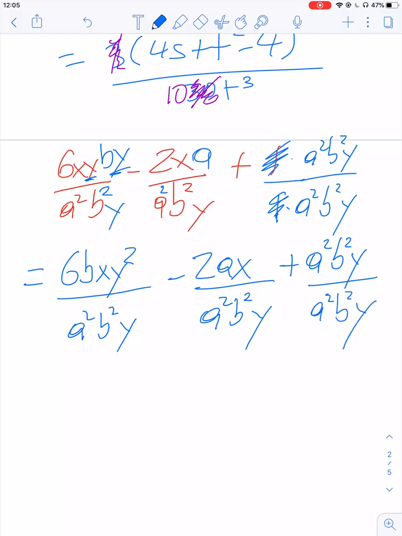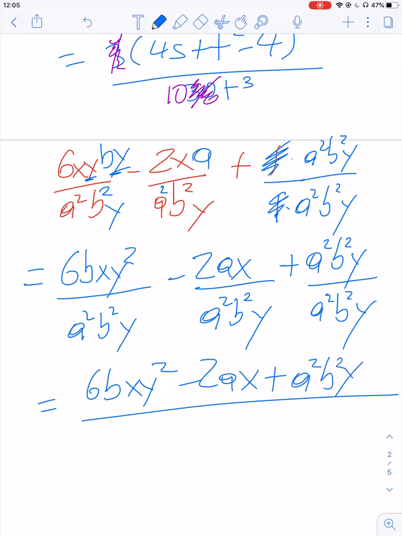Okay. So now, because I have the same denominator, right, I can add everything up. And when I do that, I'm going to have 6bxy squared, and then minus 2ax, and then plus a squared b squared y, over a squared b squared y.